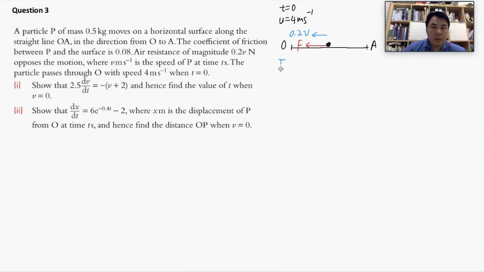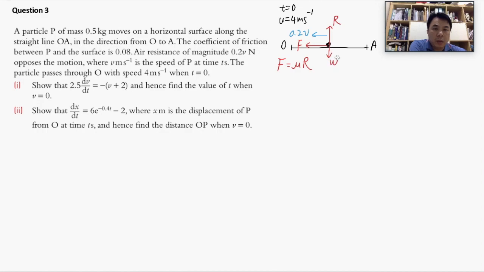The frictional force F is given by, let's assume it's limiting equilibrium, mu R, where R is the normal reaction force.